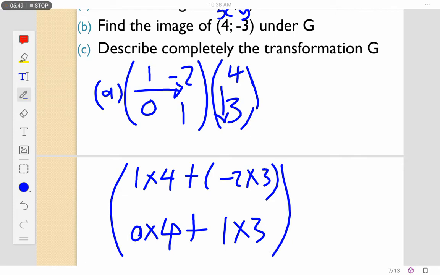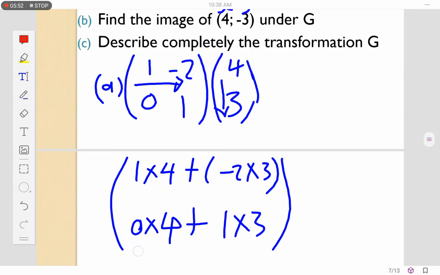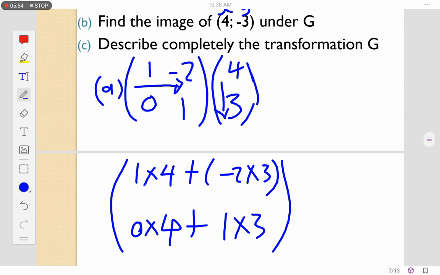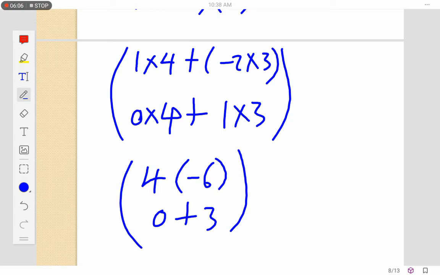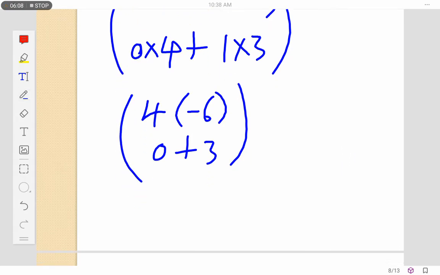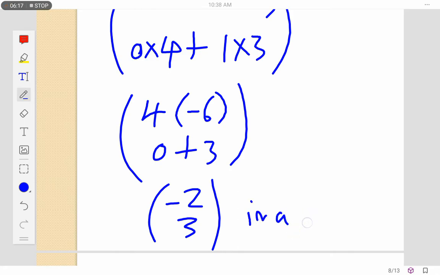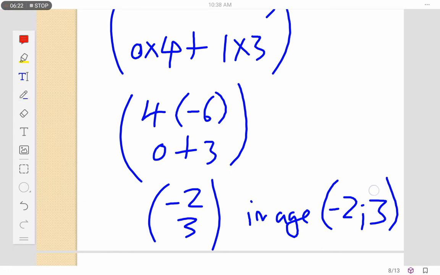So at the end of the day, I'll have 4 minus 6, and 0 plus 3. So the image is (-2, 3). Let's do for B.